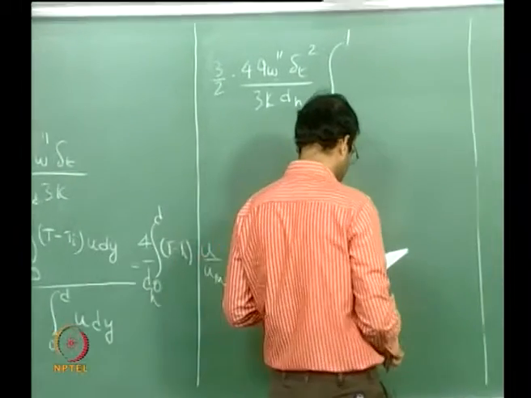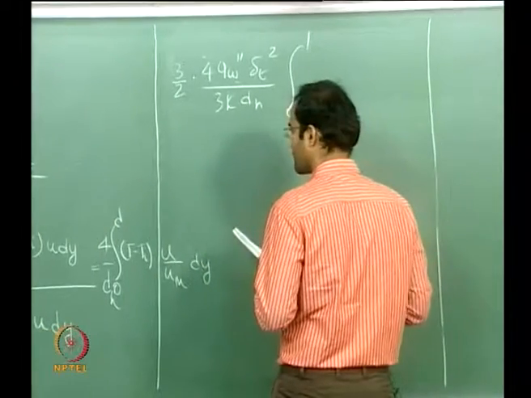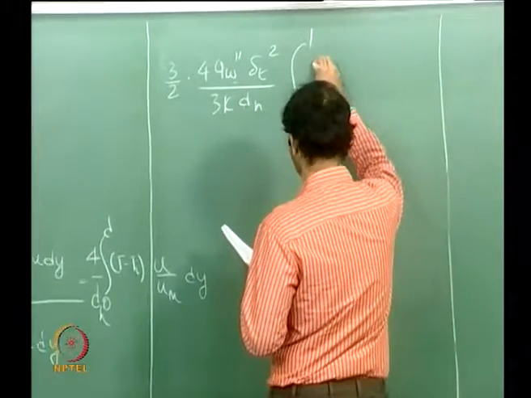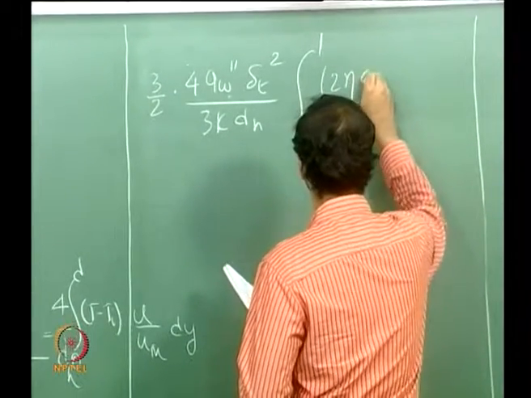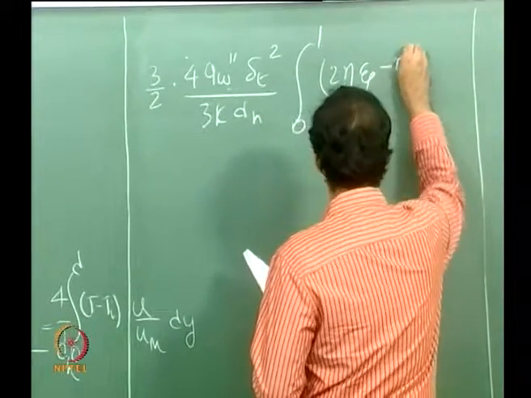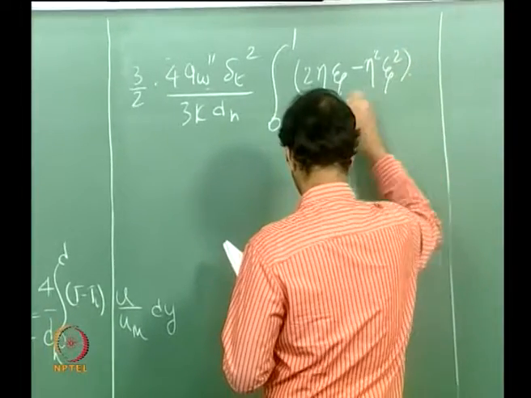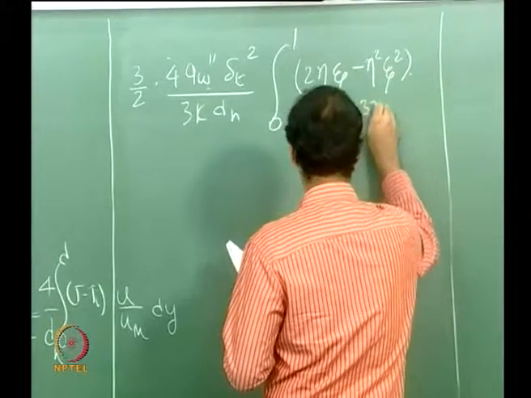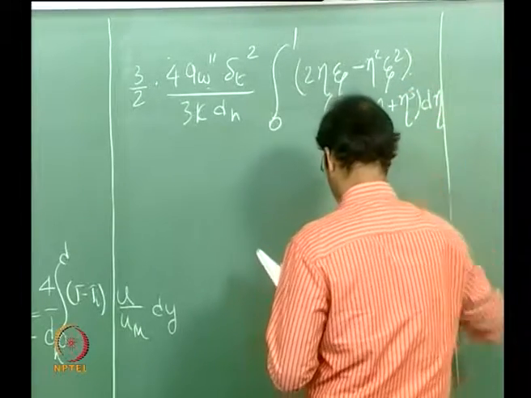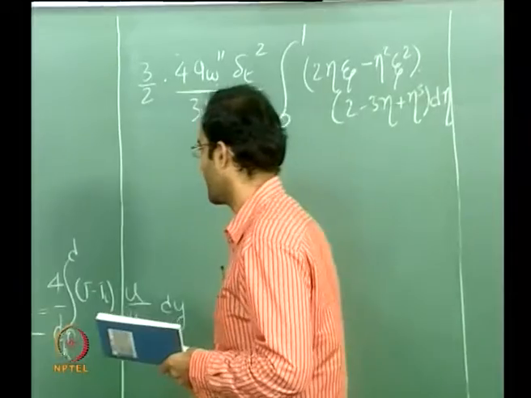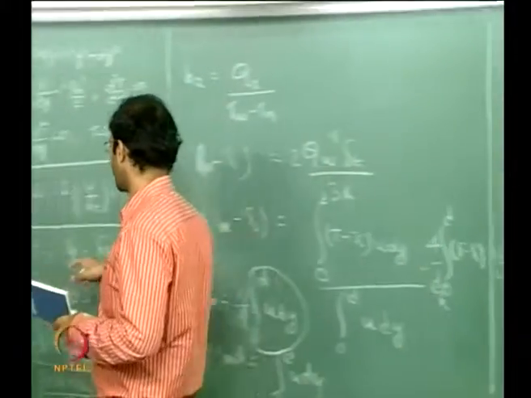So therefore I am substituting all of this, it becomes 0 to 1 essentially, and this is 2 eta zeta minus eta square zeta square into 2 minus 3 eta plus eta cube into d eta.